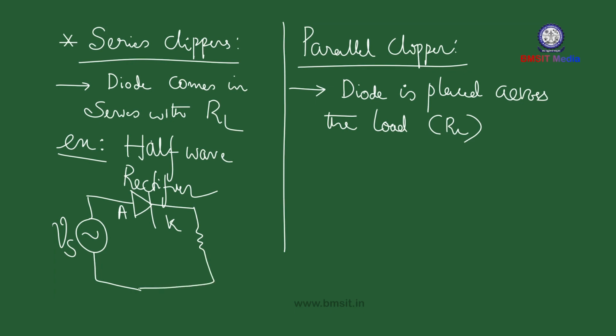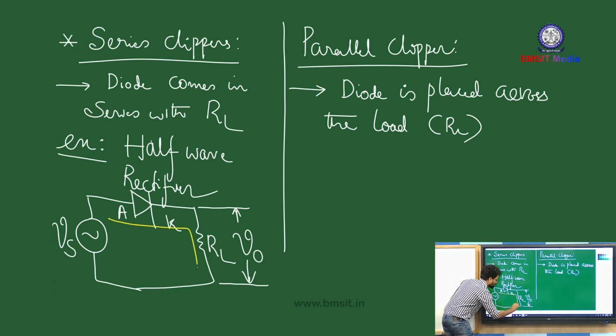Across this load resistor, we'll be measuring the output voltage. As I was mentioning, in case of a series clipper, you can clearly observe that the diode is placed in a series path, so the diode comes in series with the load resistor.